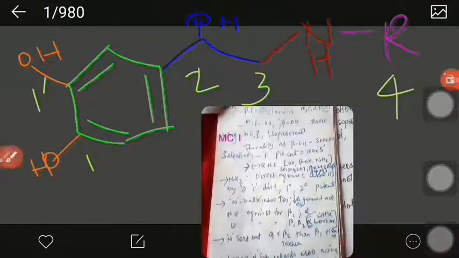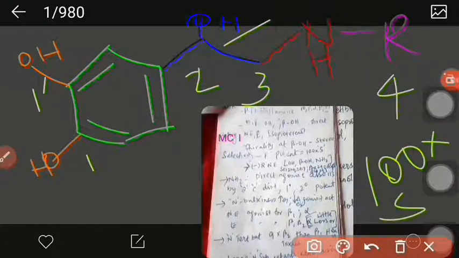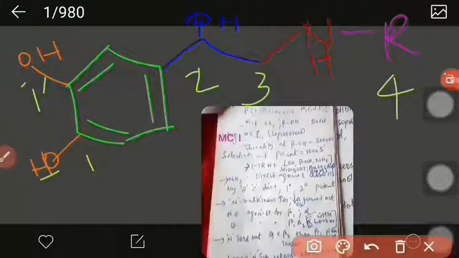Now, this beta hydroxy must be R in nature, so that it is 100 times more potent than the S isomer, and this hydroxyl group must be present so that it binds with the serine moiety, and that is required.